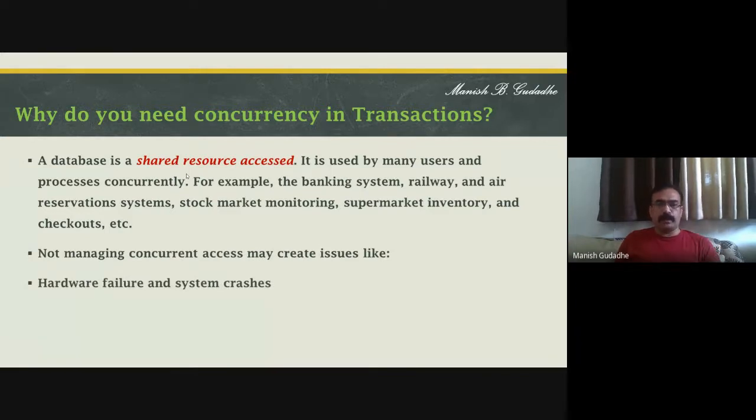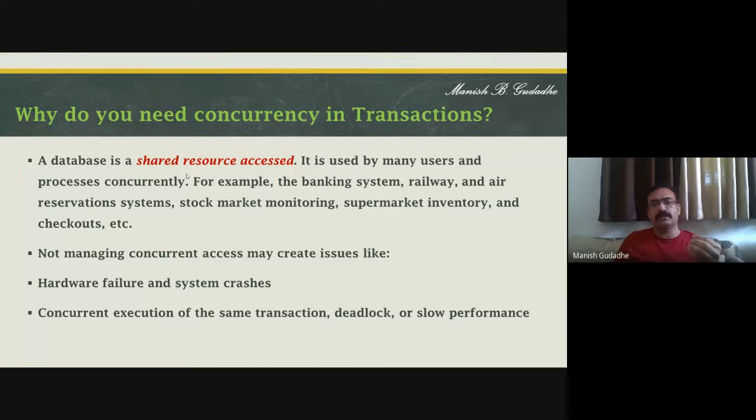Concurrent access may create issues like hardware failure or system crashes, concurrent execution of the same transaction, deadlock, or slow performance. On result days, for example, the site gets very busy, or if you go for the Tatkal system you find the site very busy. So if there are a huge number of concurrent transactions, of course there may be a system crash, a hardware failure, a delay, or a deadlock. In that case we need to abort the transaction and start anew.